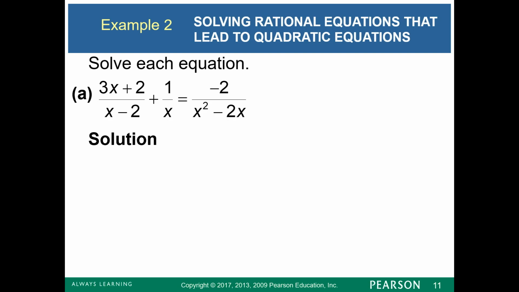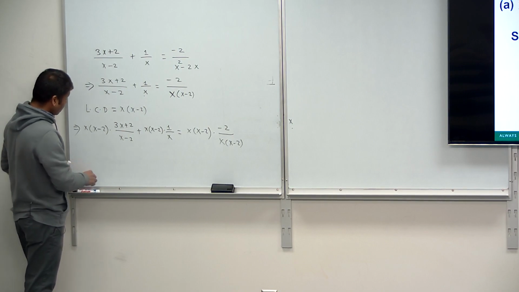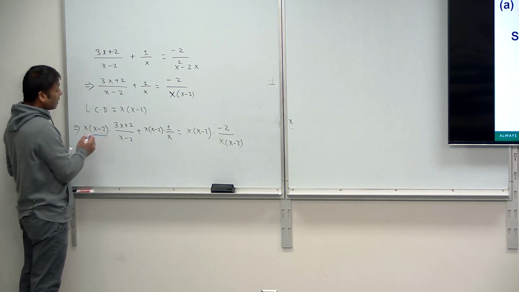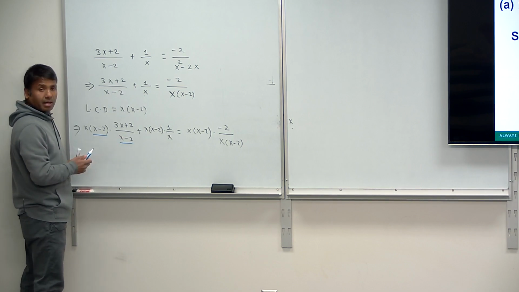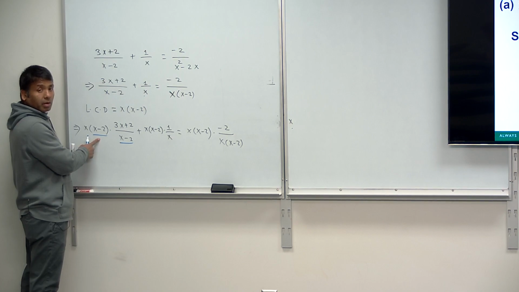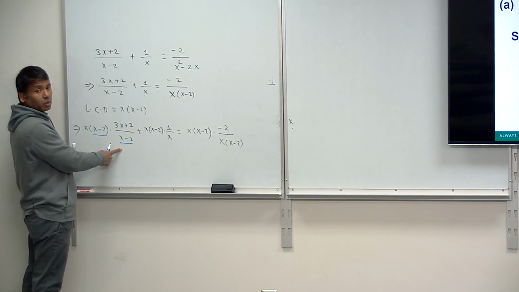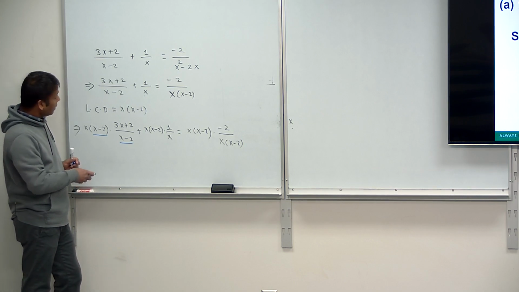Now, what is the purpose of multiplying both sides by the LCD? You see what happened here? What is this? x minus 2, right? And what is this? x minus 2. You see x minus 2 on the numerator and x minus 2 on the denominator. So what can you do? Can you cross them out?